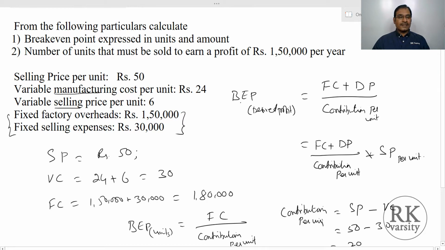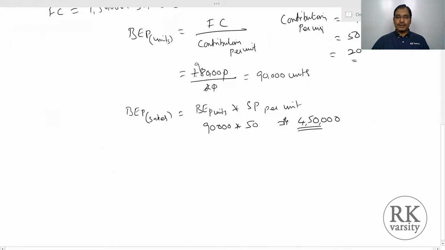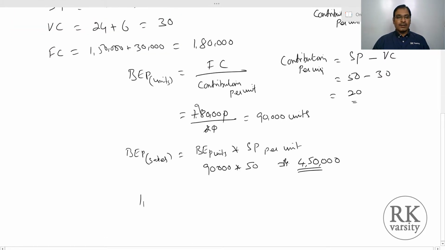Next is the number of units that must be sold to earn a profit of 1,50,000. In this case we use this equation: fixed cost plus desired profit upon contribution per unit. So our fixed cost is 1,80,000 plus desired profit of 1,50,000, upon contribution per unit of 20.